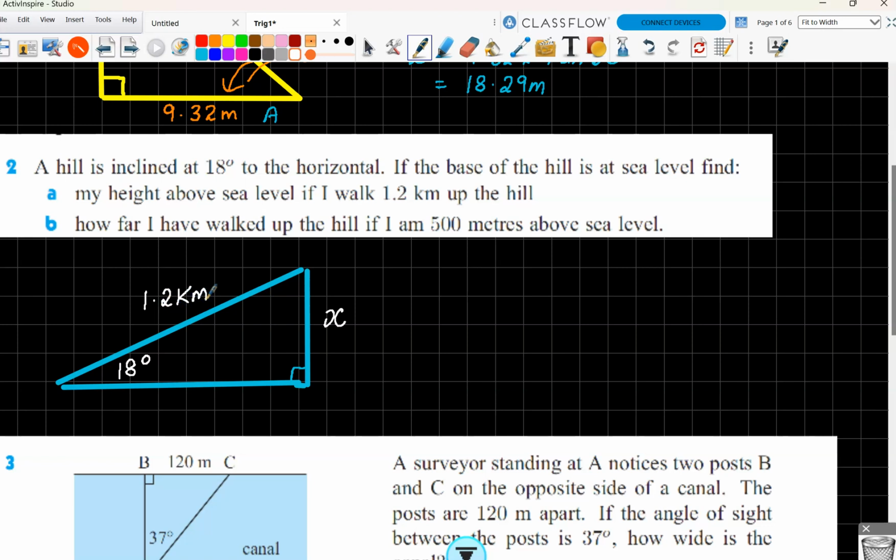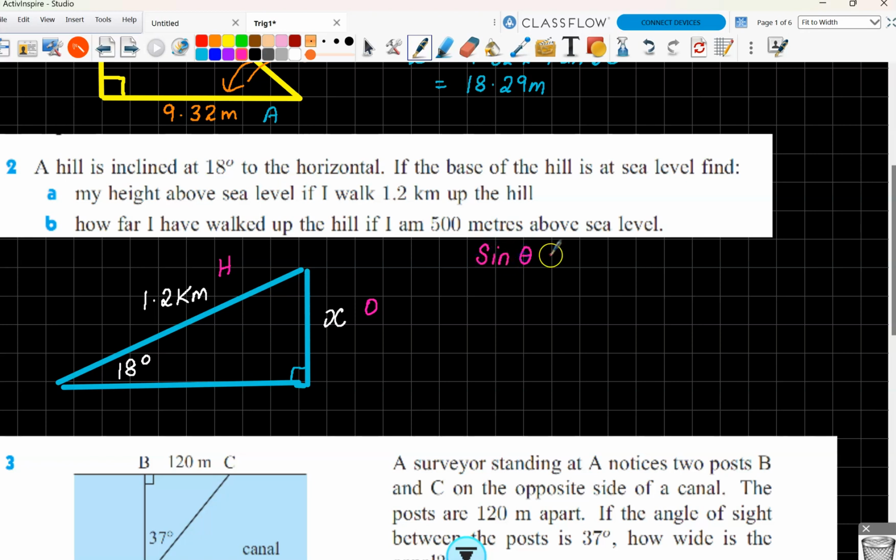Pretty nice. So we go through the same routine, and it does become a routine. We label. By now some of you, or even before you did this, could just look and see what the rule is. So that's your hypotenuse. That one's opposite. There is nothing on the adjacent. We don't want to find that length. There's no information there, so it's just down to O and H, which is our sine rule.